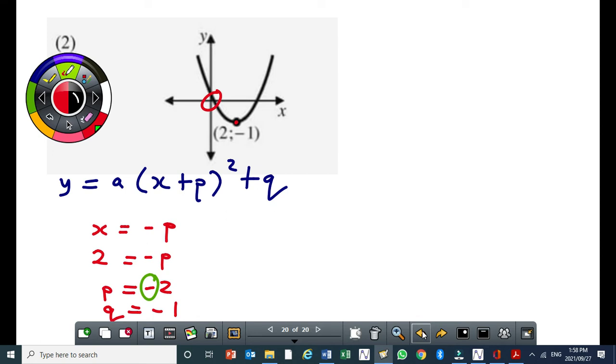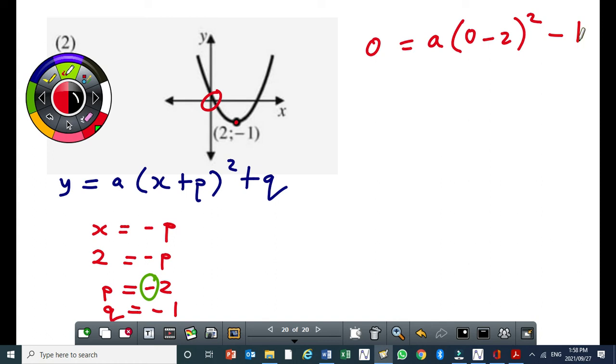So y is going to be 0. I want to calculate a, x is going to be 0, right? My p is negative 2, then you square that. My q is negative 1. Now, before I carry on, is the value of a supposed to be positive or negative?